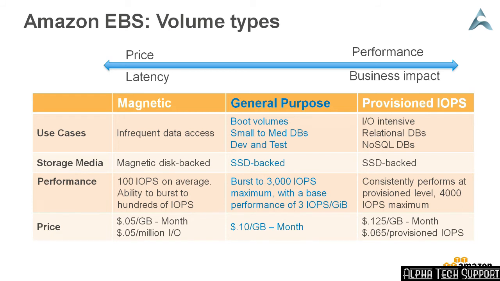Or if you have a very important business product that would have a business impact on customers, you can go with provisioned IOPS. That is comparatively faster than the magnetic alternative, but it is costly. It consistently performs at the provisioned level, up to 4000 IOPS at maximum, which is 40 times more than the magnetic kind of volume.